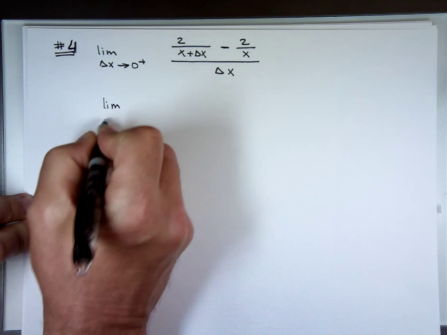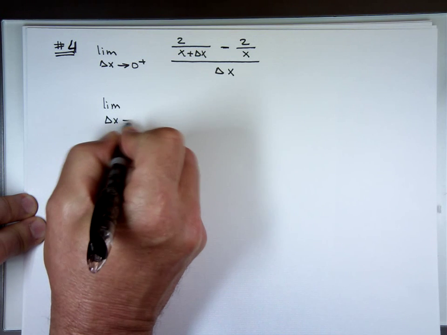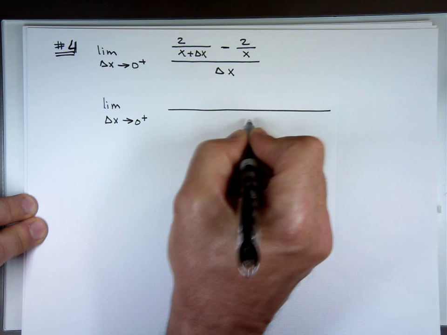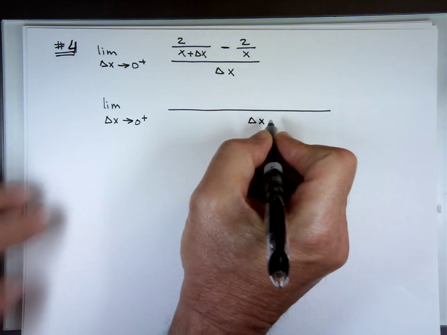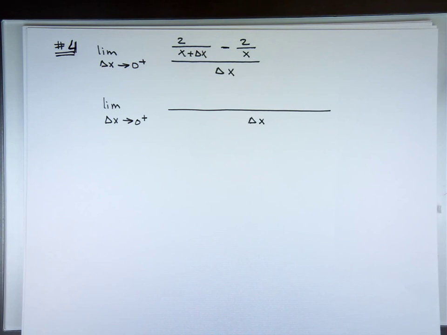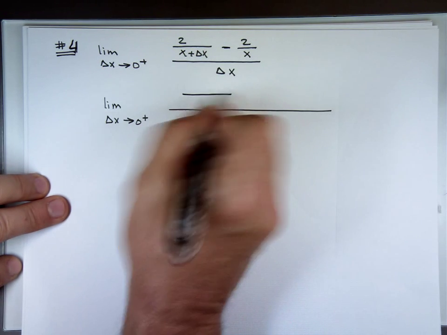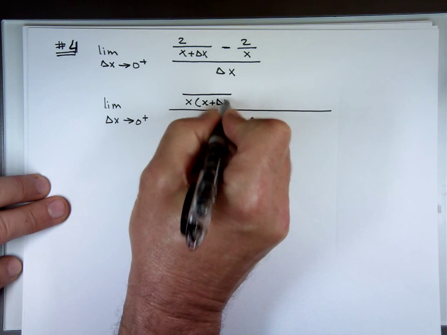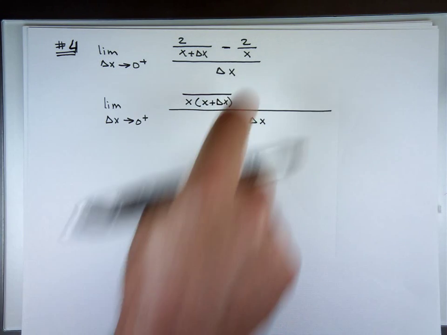If you look at the top, you're adding fractions, right? Or subtracting fractions. Well, anytime you add or subtract fractions, what do you need? Don't you need the LCD? And what's the LCD? x times x plus delta x. It's the multiplication of these two.